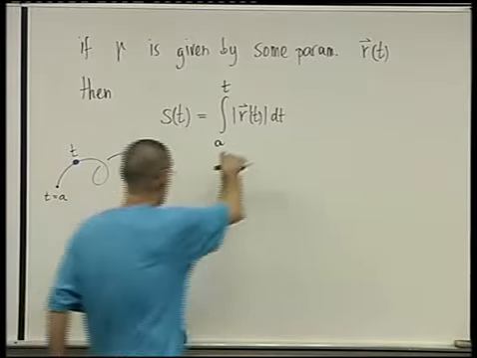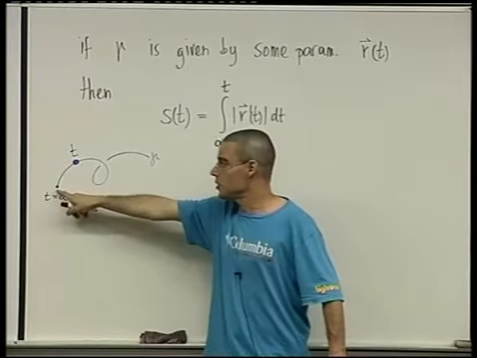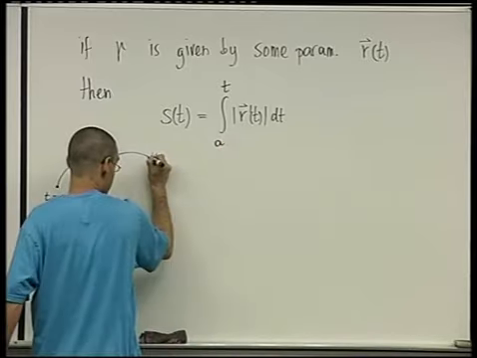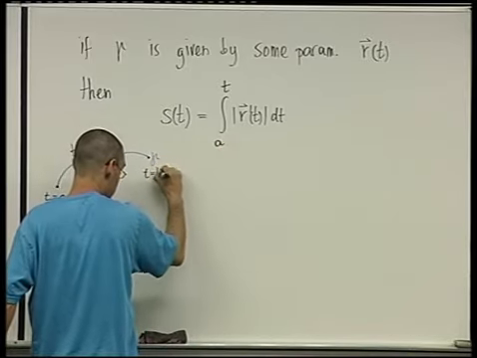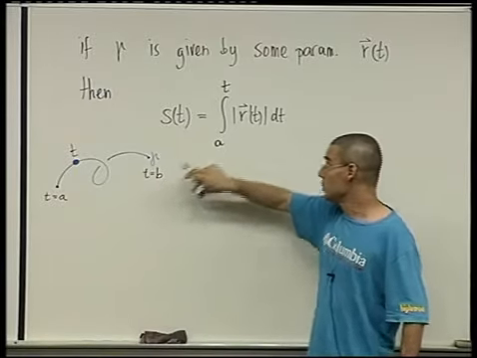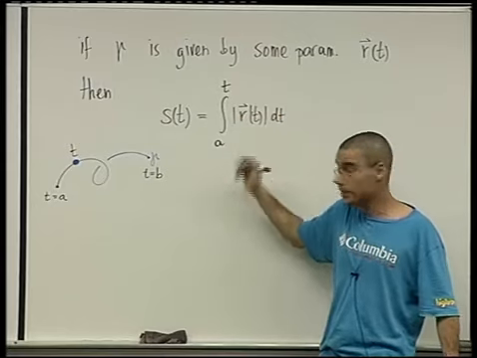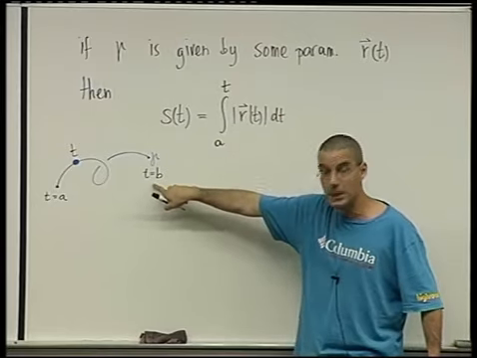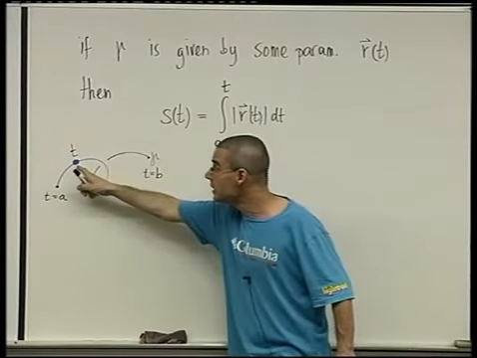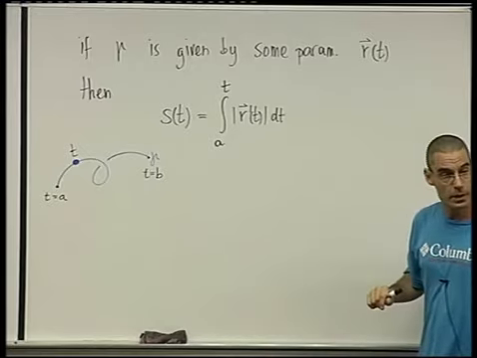It would be the integral from a to a, which is 0. That's the length if you just go nowhere. This point corresponded to t equals b. What would be the corresponding S? It would be the integral from a to b, which is the length of the entire curve. So the corresponding S would be L of gamma. Clear? And for any intermediate t, you just take the integral only up to t. Clear?